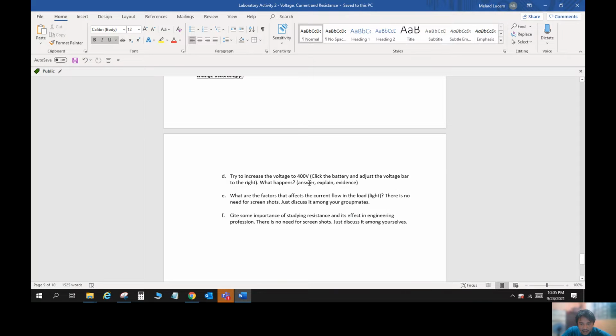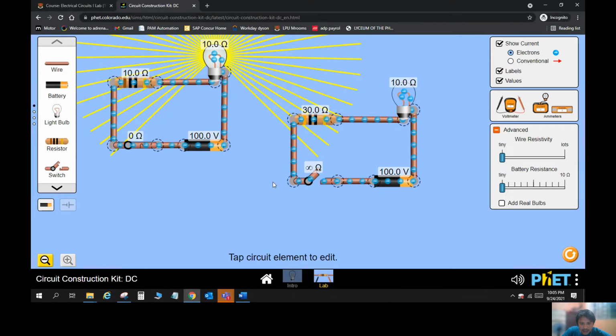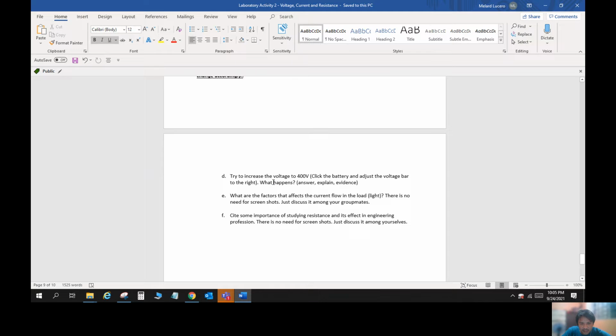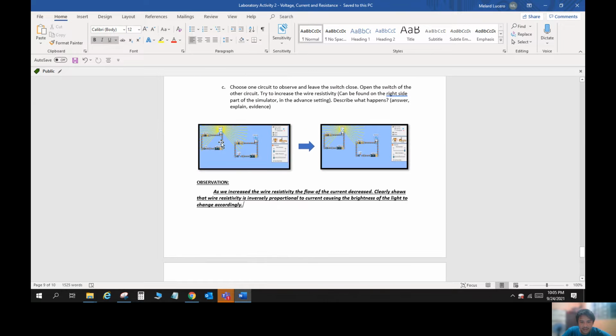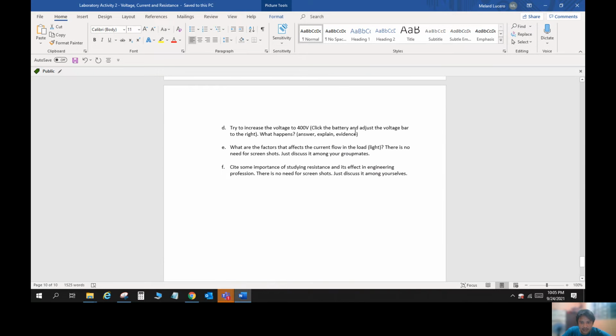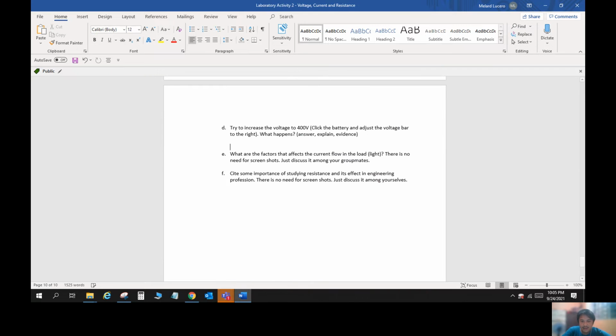Ang sabi ay increase yung voltage. So, initially, yun na siya. Okay. So, hindi na natin ginagalaw to. Then, kopyahin muna natin yung initial na screenshot natin. Here. Lagyan natin siya dito.